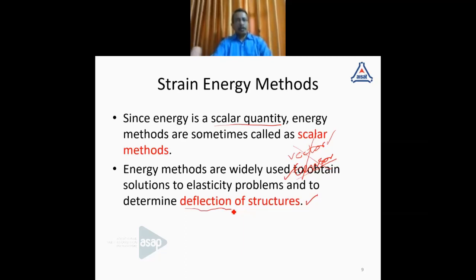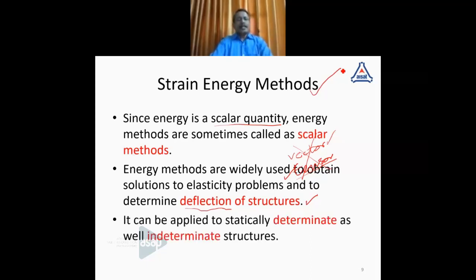Types of loading means normal, say, axial stress can be applied, a shear stress can be applied, a torque can be applied, a bending moment can be applied. In certain such applications, the deflection of structure needs to be determined, and that involves different types of equations and solution procedures. And the same thing, the deflection of structures can be determined using the strain energy methods, using a scalar approach.